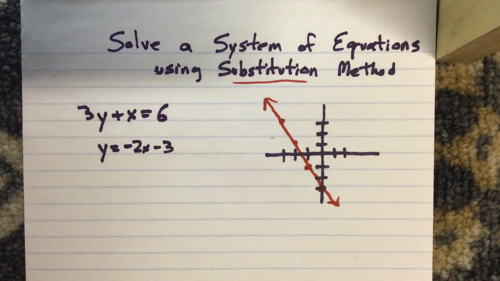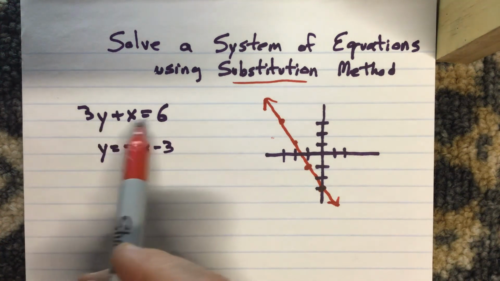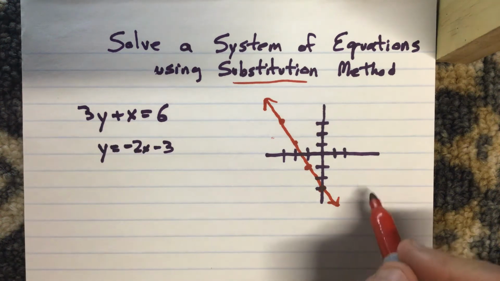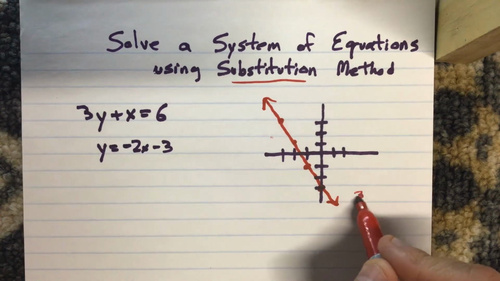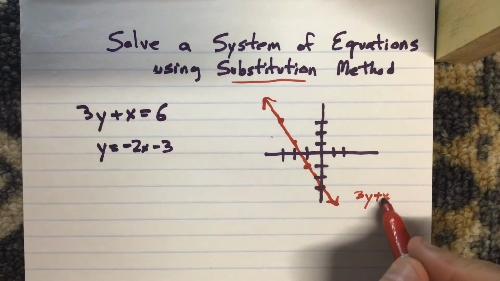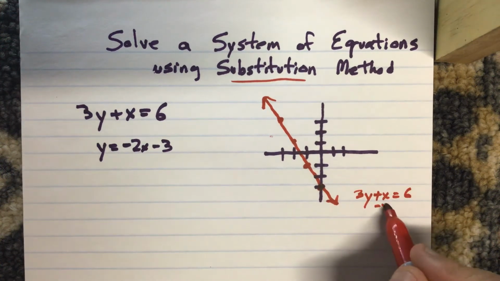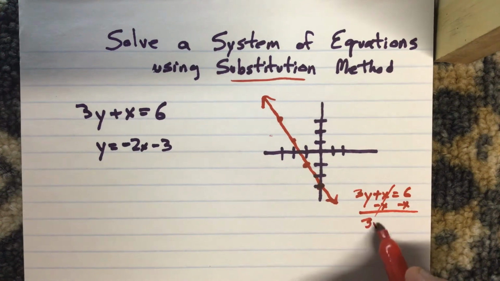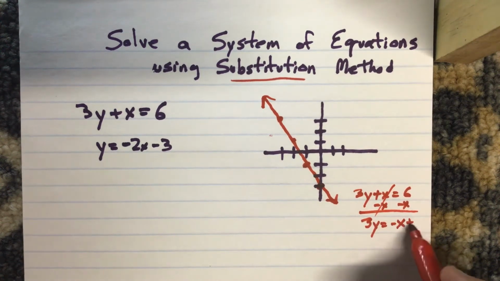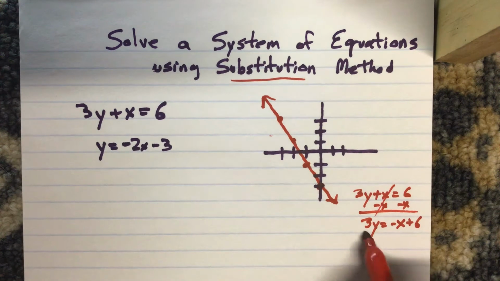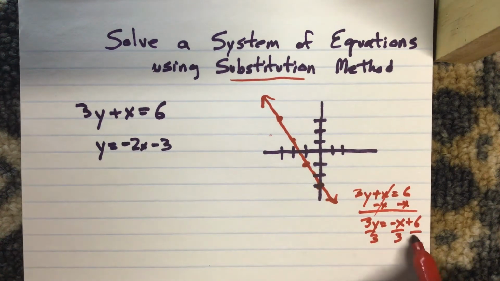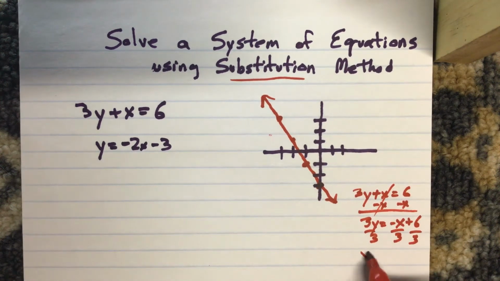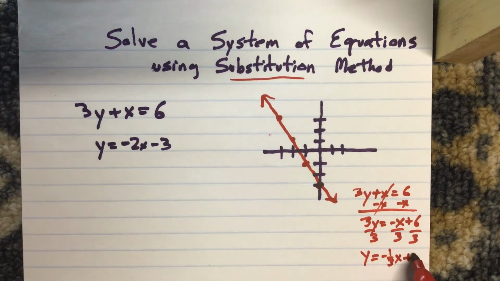The other graph is not in slope-intercept form, so we'd have to come off to the side and rework this, get it into slope-intercept form, move the x to the other side. So we have 3y equals -x plus 6. Divide everything by 3, and that gives us y equals -1/3 x plus 2.